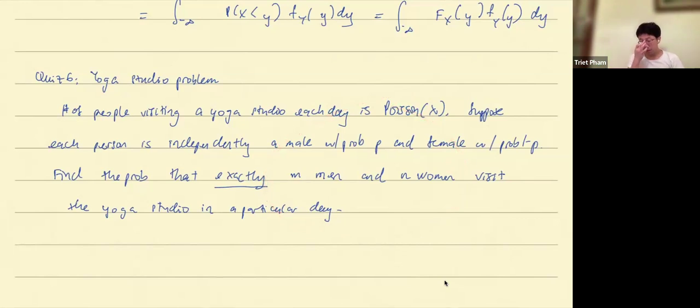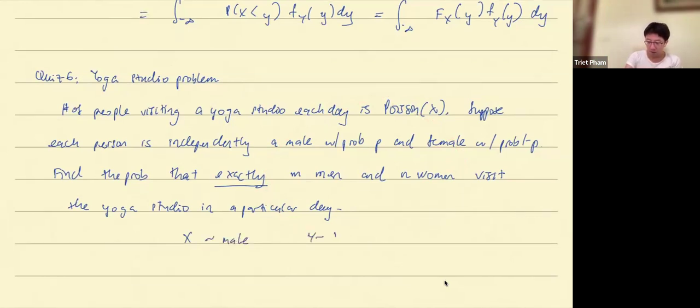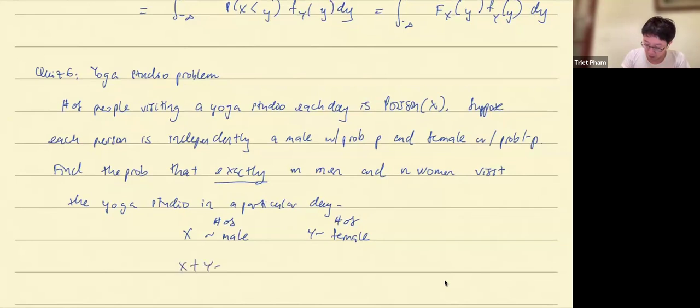How so? If you let X be the number of males and Y be the number of females visiting the yoga studio on a single day, then we do know that X plus Y, the sum, will be Poisson lambda.